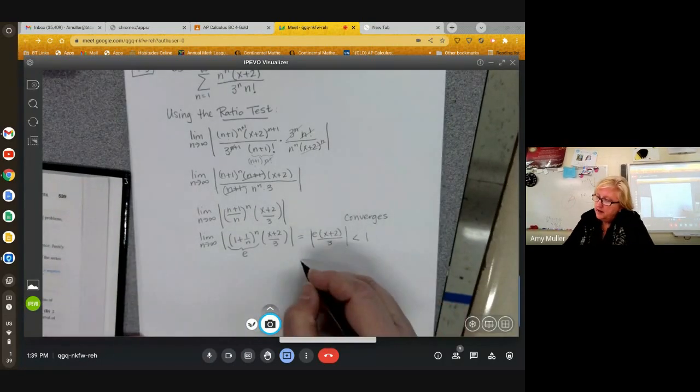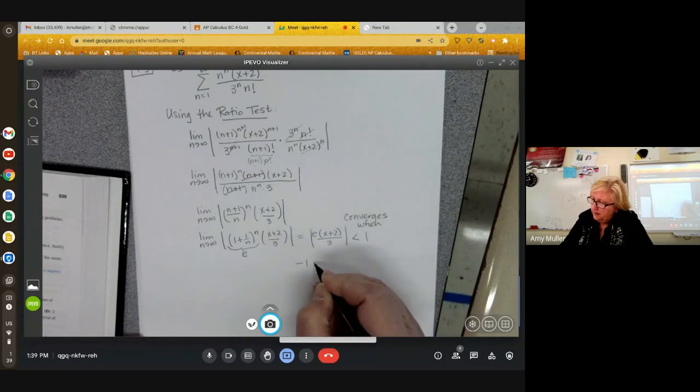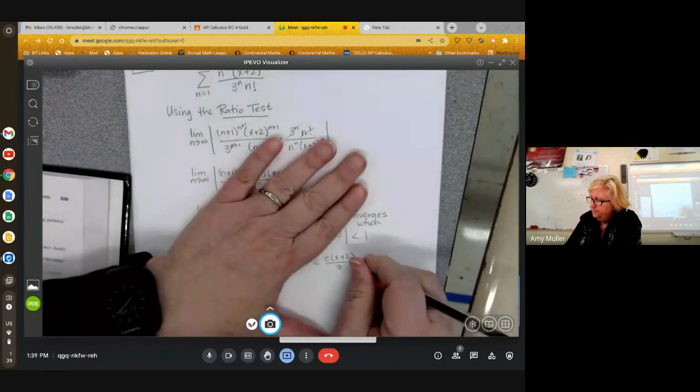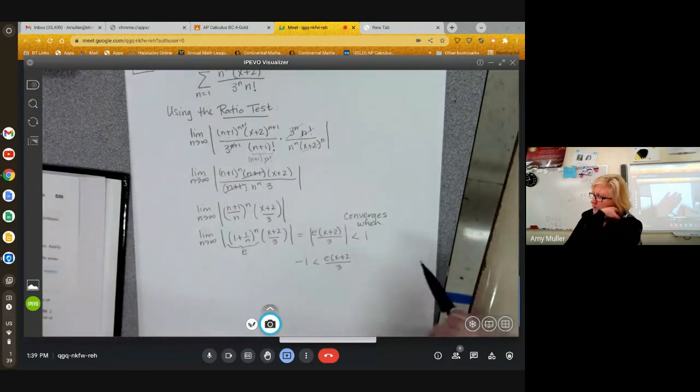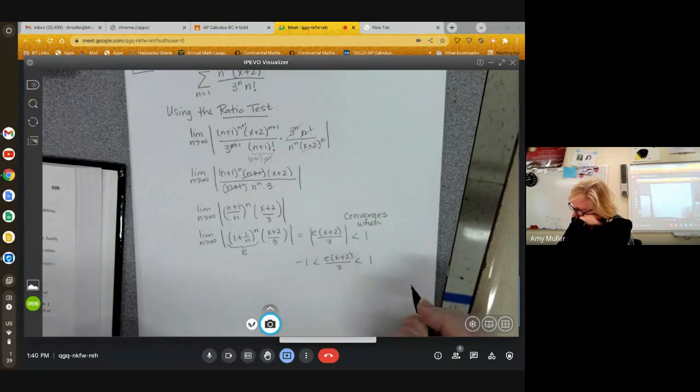Okay, so I'm going to say now negative 1 is less than e times x plus 2 over 3, which is less than 1. So I'm going to multiply everything by 3 over e.